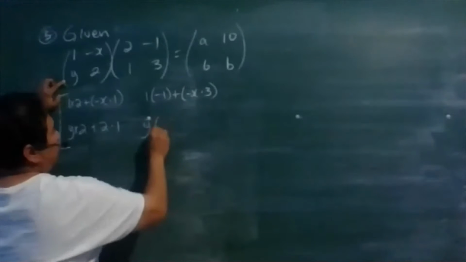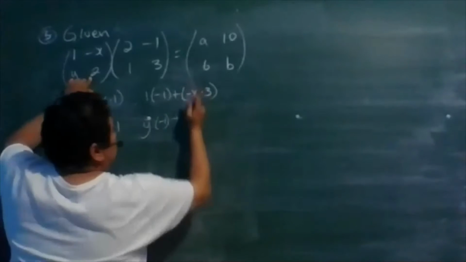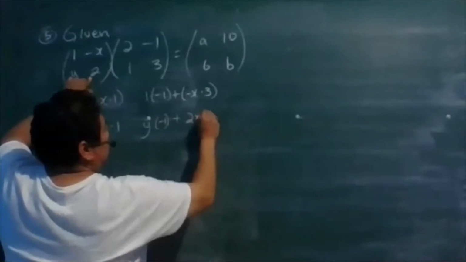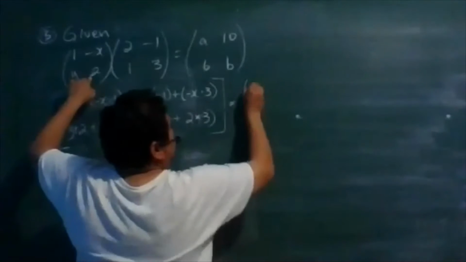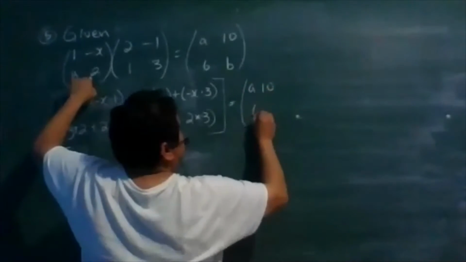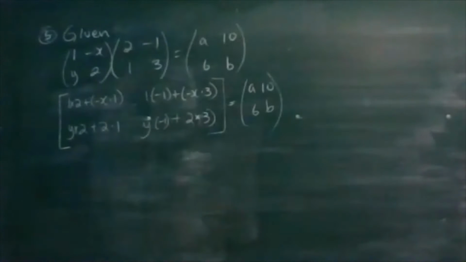Then y times negative 1 plus 2 times 3 equals [a, 10; 6, b]. So in that first step, all I did was to matrix multiply.